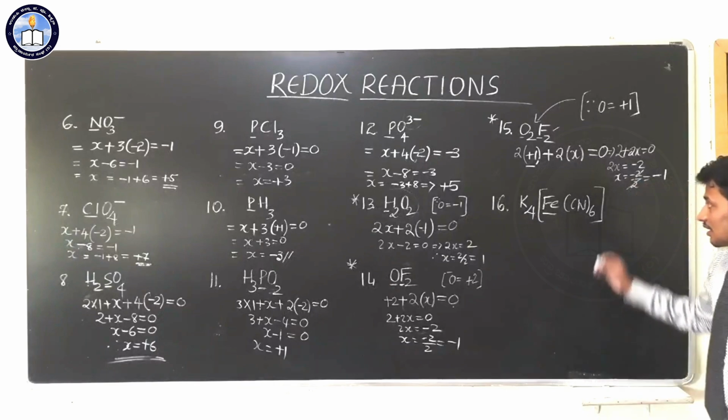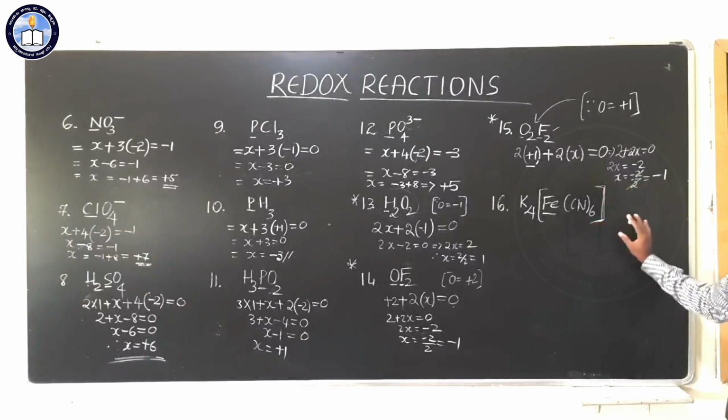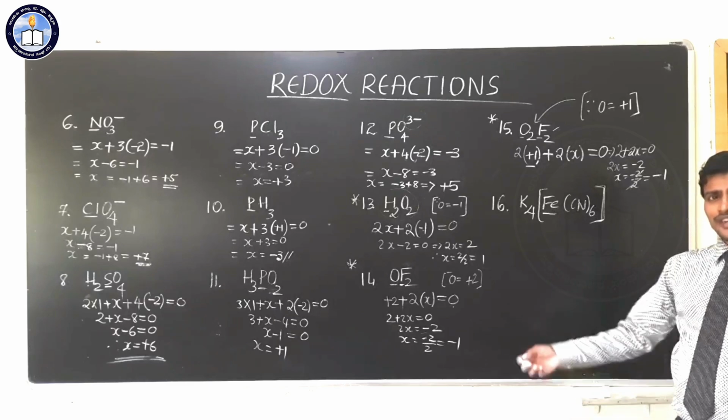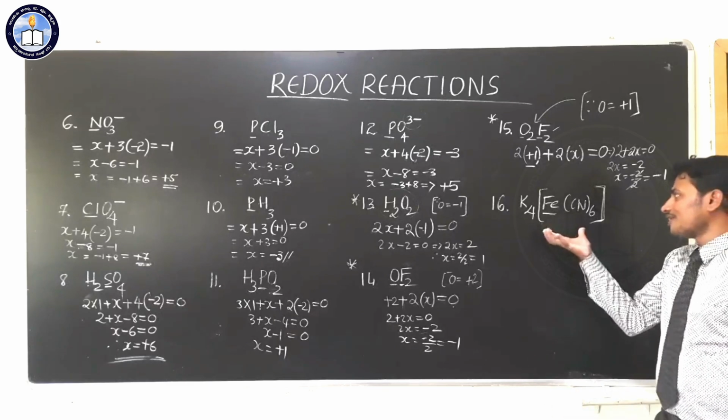Okay. This is known to be a complex compound. We'll study these things in second PUC, coordination compounds. How to find out for iron? It's very simple, even though it looks very difficult.